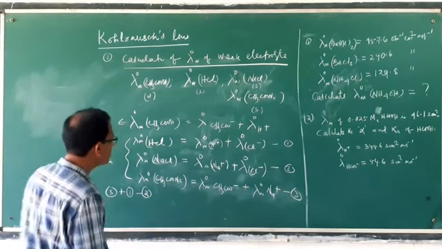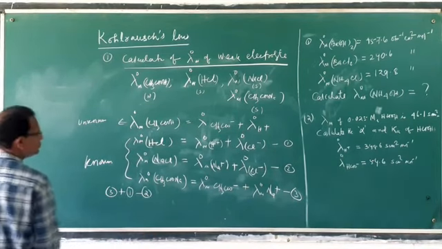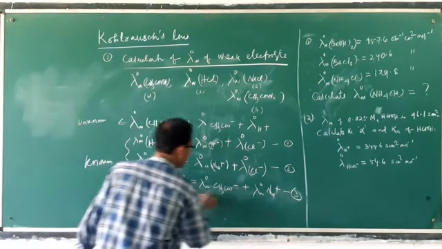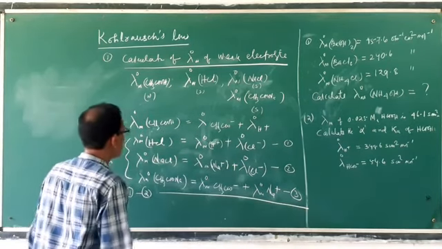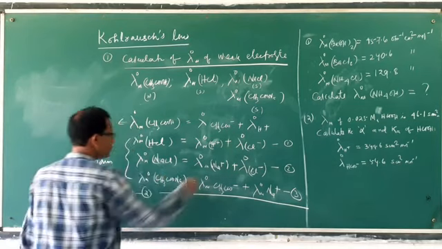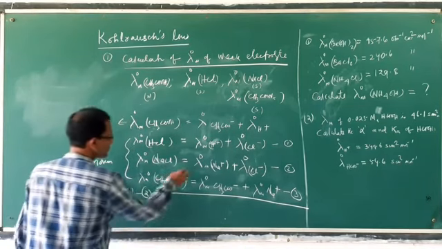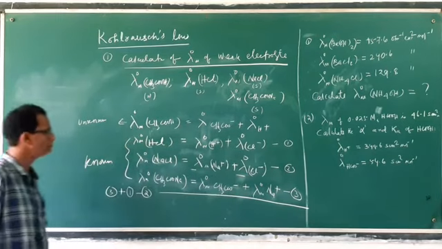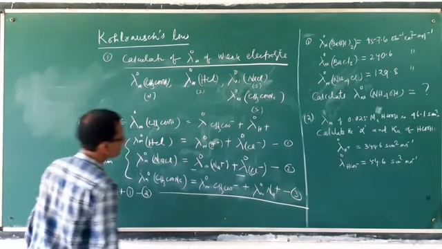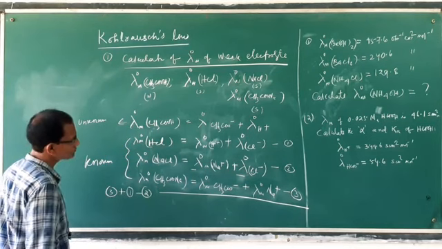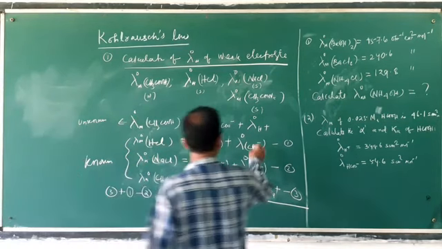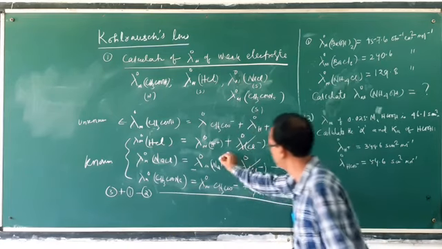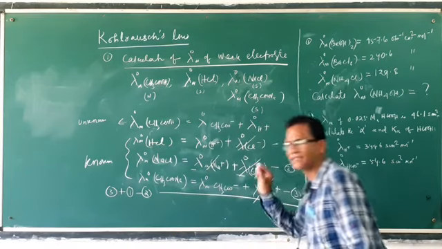If you add 3 plus 1, then equation 2 will be subtracted. Subtracted means this minus this. So which part will remain? You see Cl minus is cancelled and Na plus is cancelled.